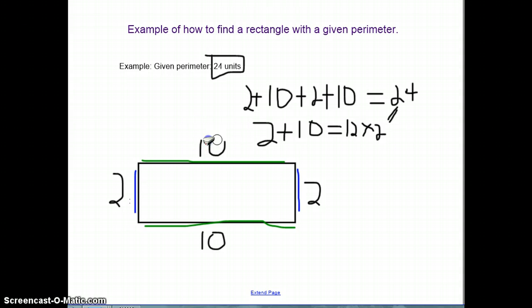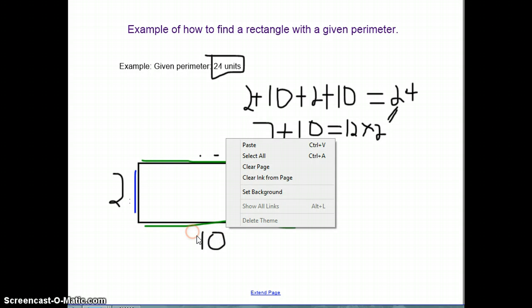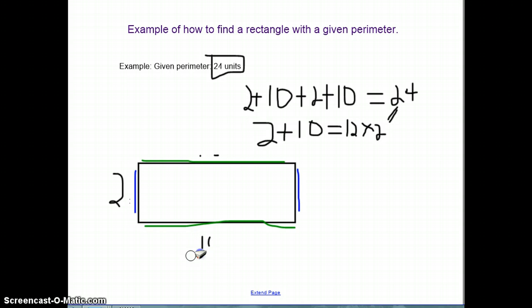If we don't know this right now, we can figure out dimensions for them. Okay, so we know that the perimeter is 24.